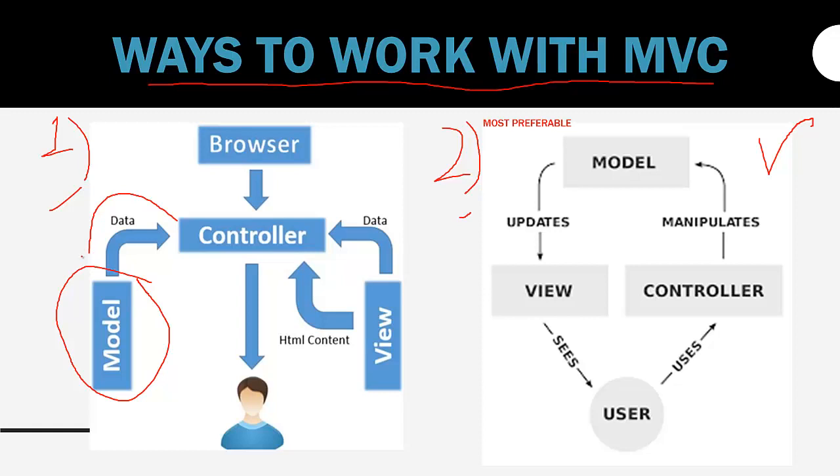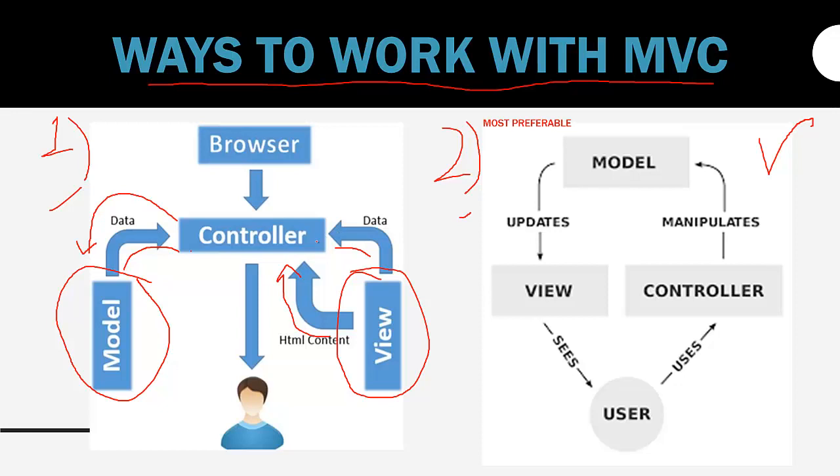The model will send data to the controller, or the controller can send data to the model. The second is the view. The view can only get data from the controller, or send HTML content and data to the controller.